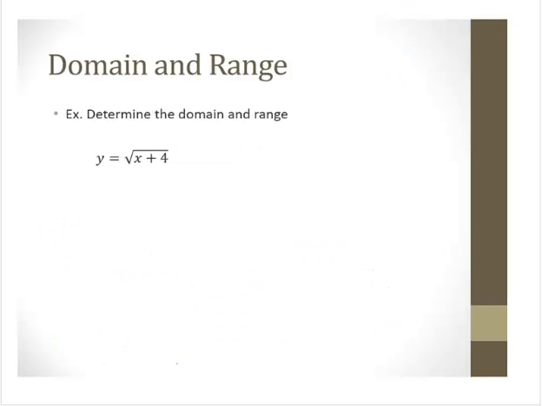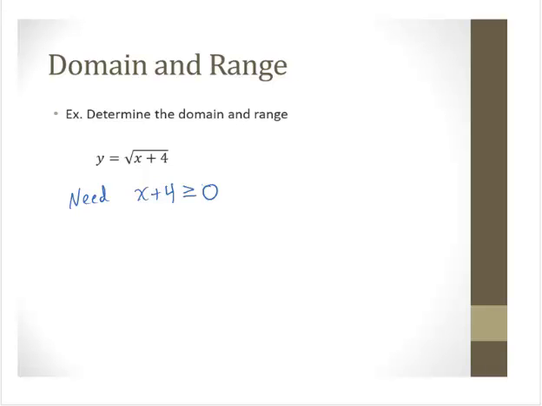What if we have the equation y equals the square root of x plus 4? How could we determine its domain and range? Well, let's think about this. Remember, we don't want negatives under square roots. So then we need x plus 4 to be non-negative, which means we need x plus 4 to be greater than or equal to 0.